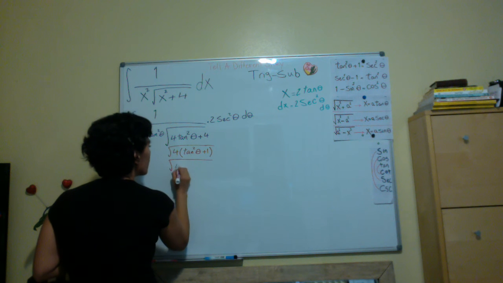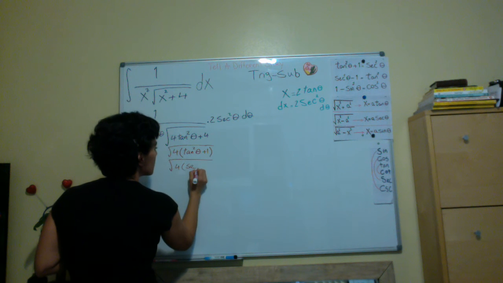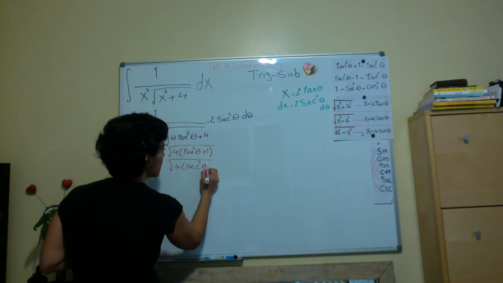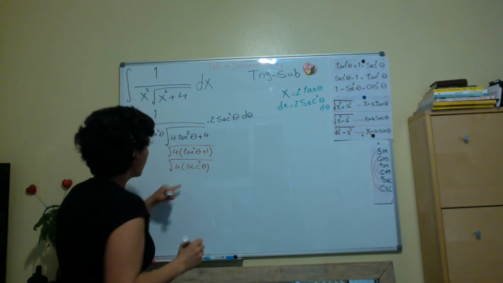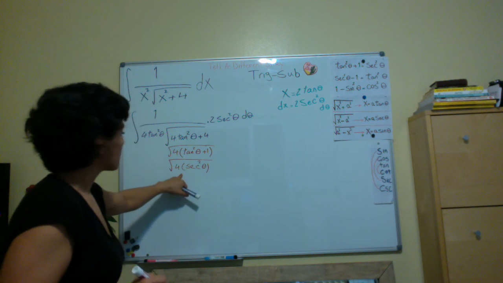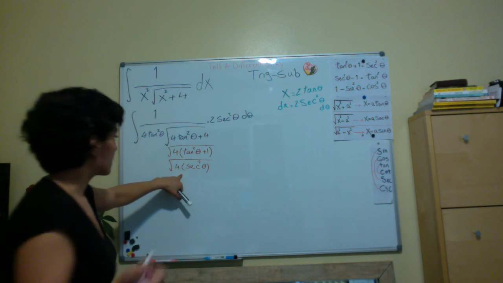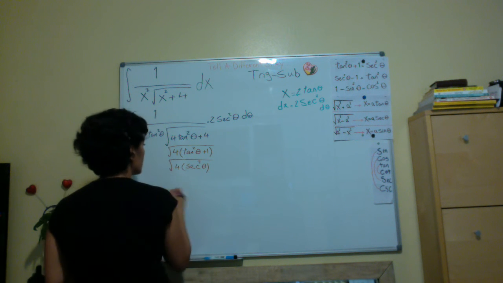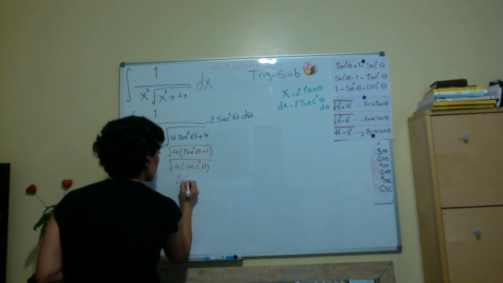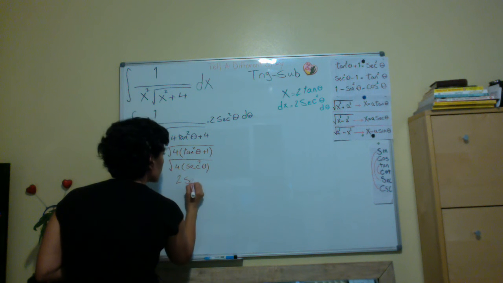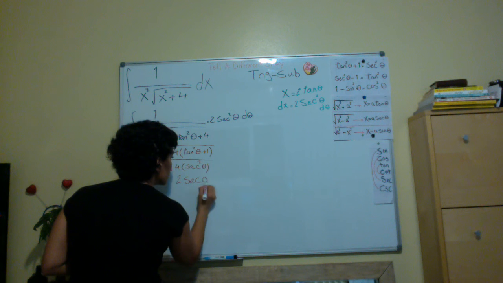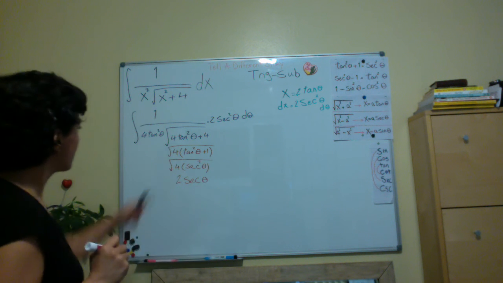So I have 4 times secant squared theta, because tan squared theta plus 1 is secant squared theta. And given that this is a multiplication and not a subtraction or addition, I can just go ahead and legally pull these guys from under that radical sign.